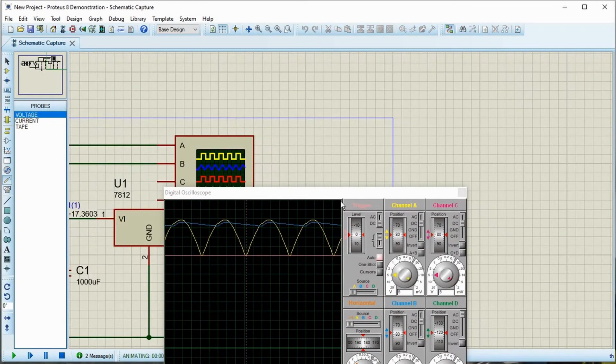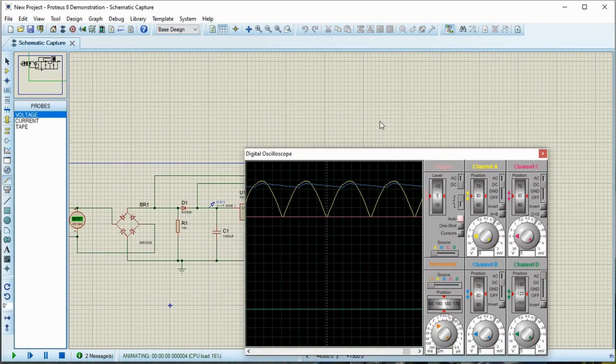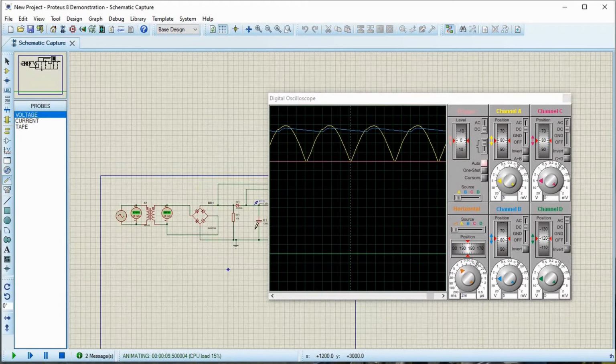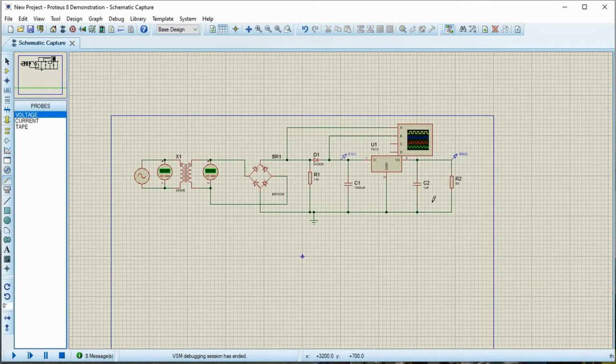See, you are getting around 12 volts, 11.997 volts. Okay, let's stop the simulation.